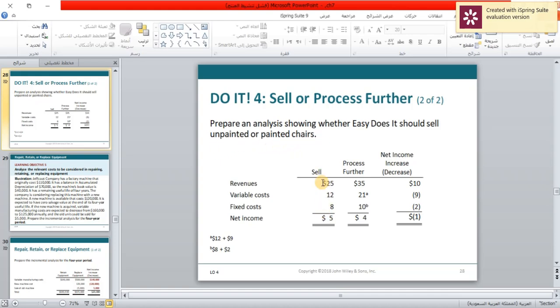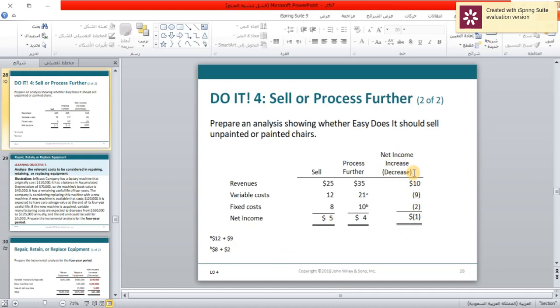Here in the sale situation I have net income 5. If we process further, the new price will be 35, variable cost will increase $9, and fixed cost will increase $2.